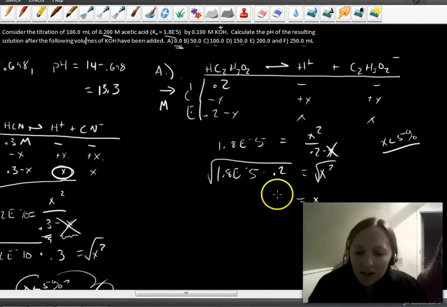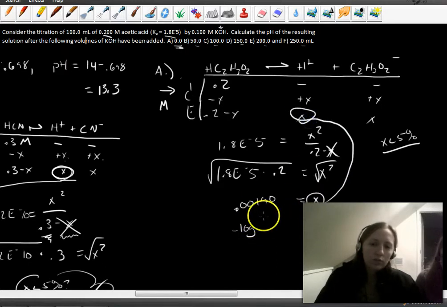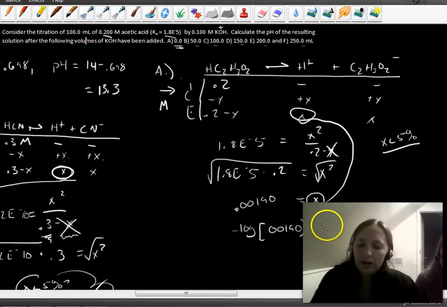And we find that x ends up equaling 0.00190, and we take the negative log of this because that is our H plus concentration. And we find that our pH is 2.722.